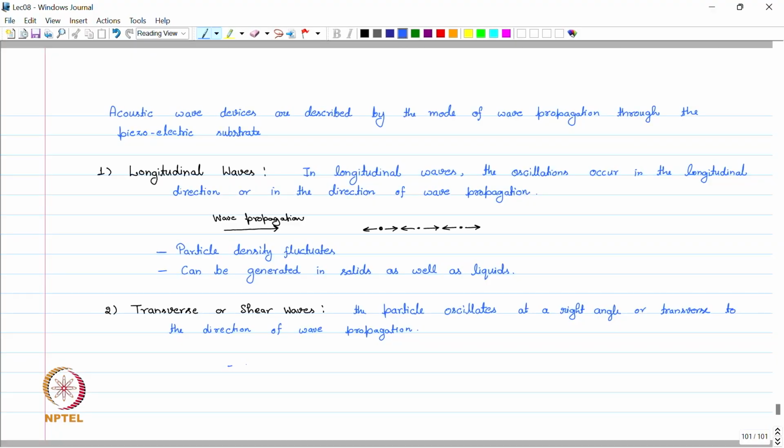So, this mode requires an acoustically solid material.